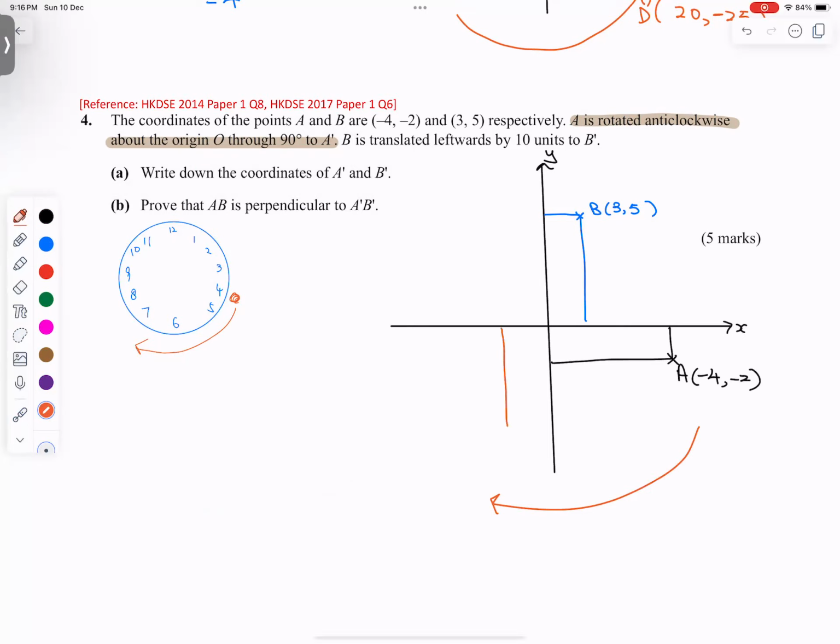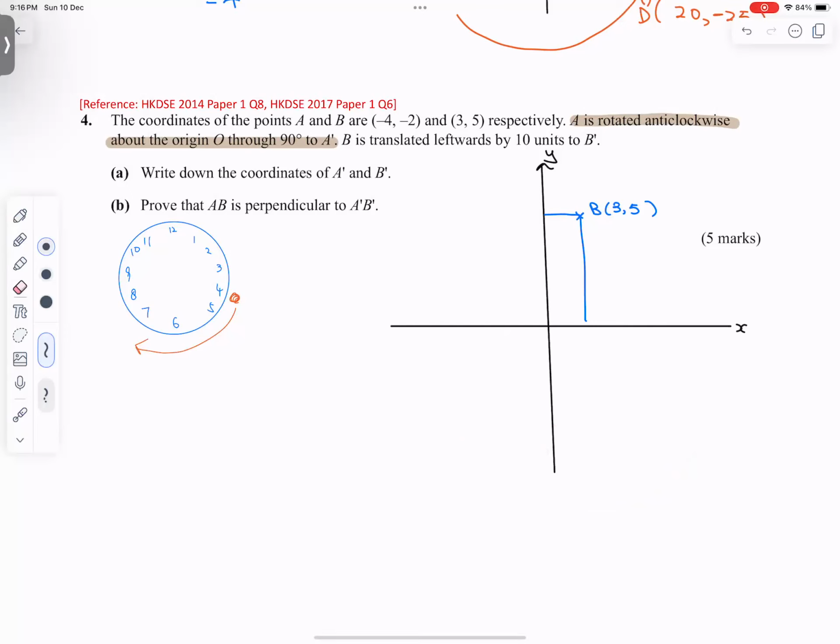So you know A will be here, new A is here, because it's just one box, 90 degrees. And then every 90 degrees, we switch numbers. It was 4 and 2, now it becomes 2 and 4. Did I draw something wrong? Yes, I did. Oh my God, so stupid. But yeah, the A is not here.